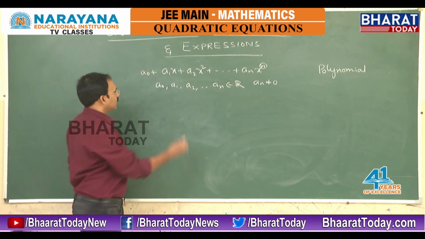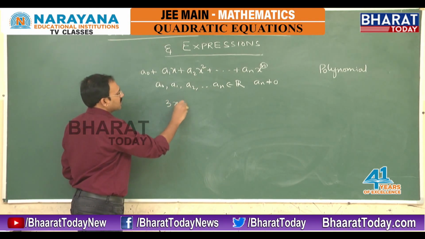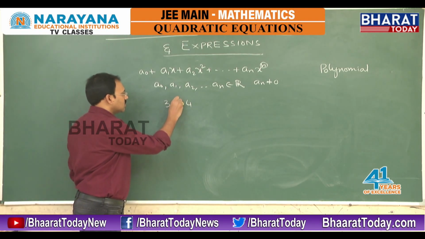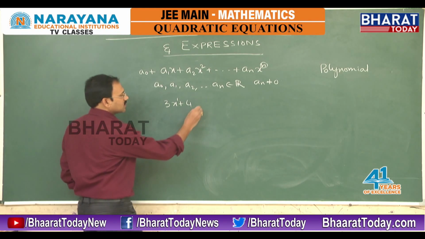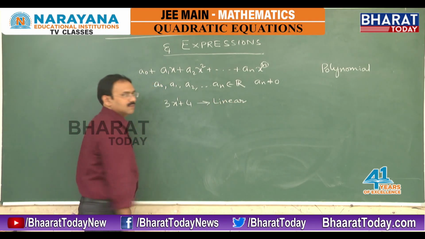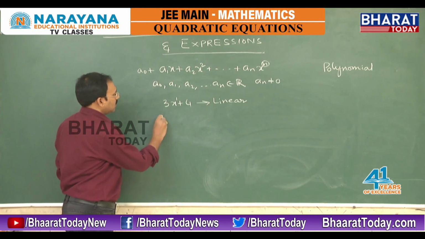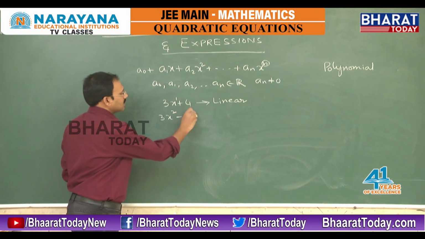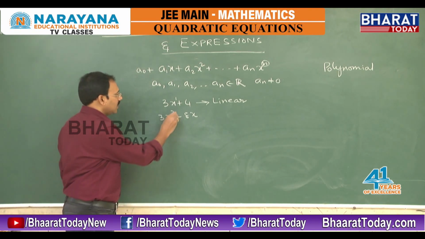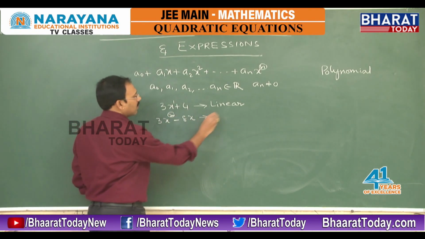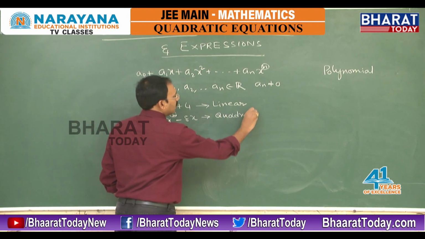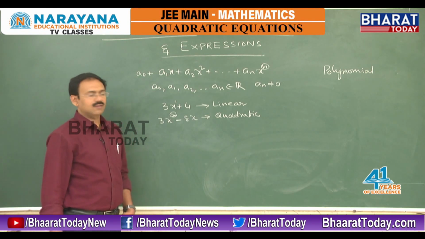For example, 3x plus 4 is a polynomial whose degree is 1. Such a polynomial is called a linear polynomial. 3x square minus 8x is a polynomial and its degree is 2, so it is called a quadratic polynomial.